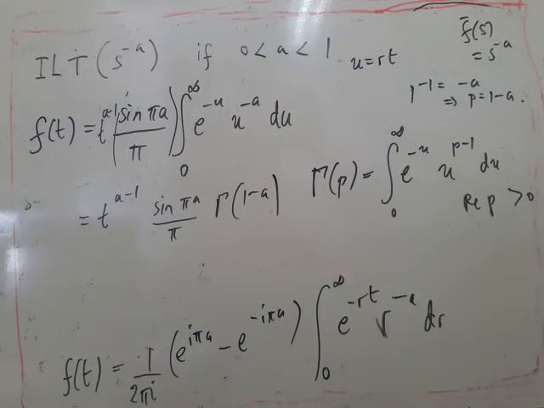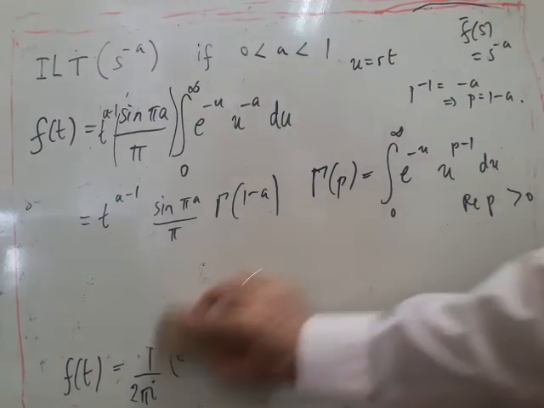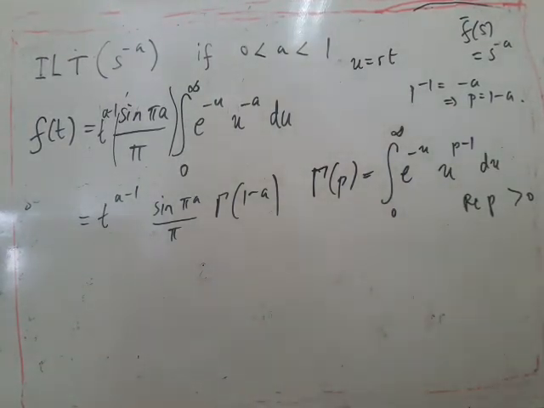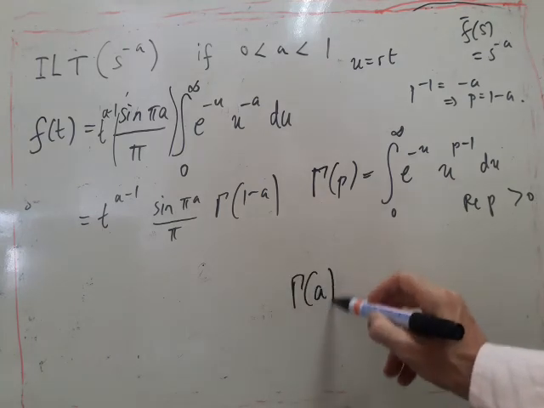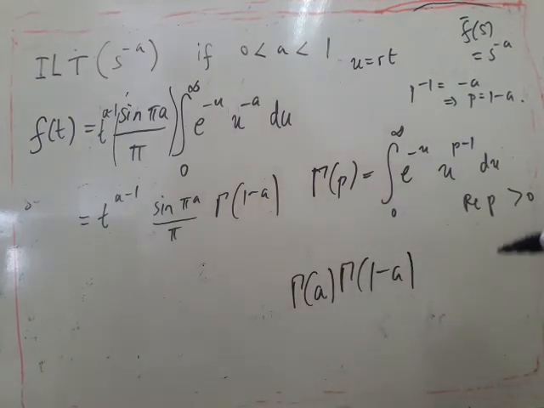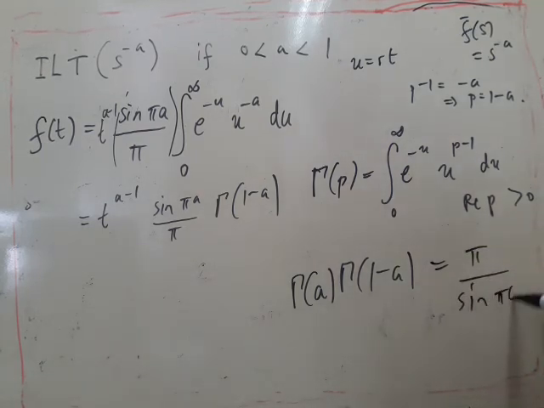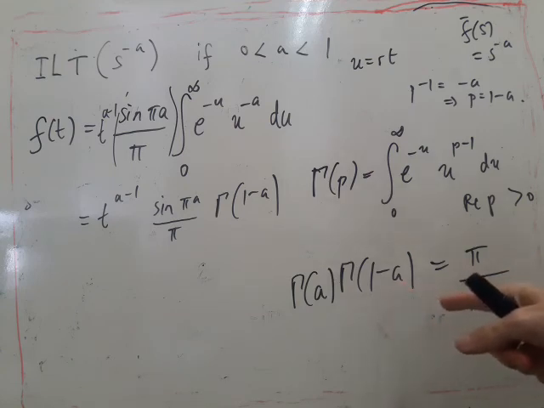Now we can actually do a little bit more with this, because there's an interesting property of the gamma function, which is that gamma a times gamma 1 minus a is equal to pi over sine pi a, for any a apart from when a equals 0.